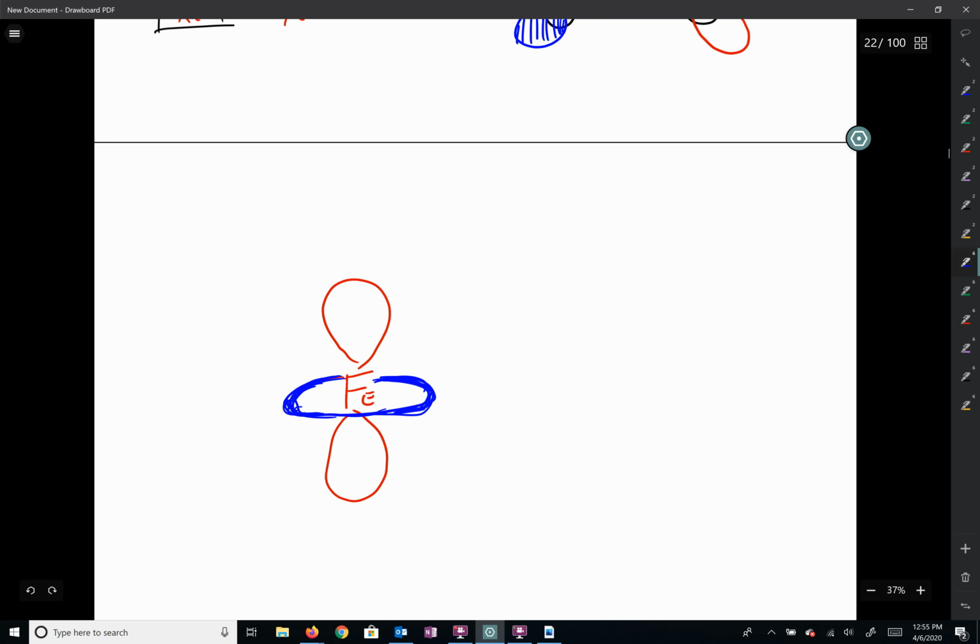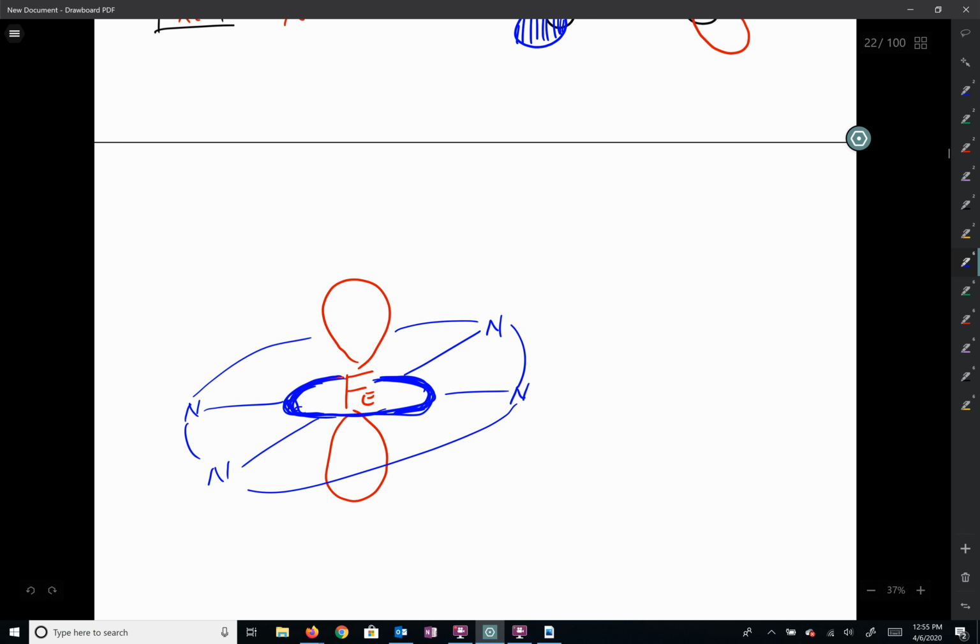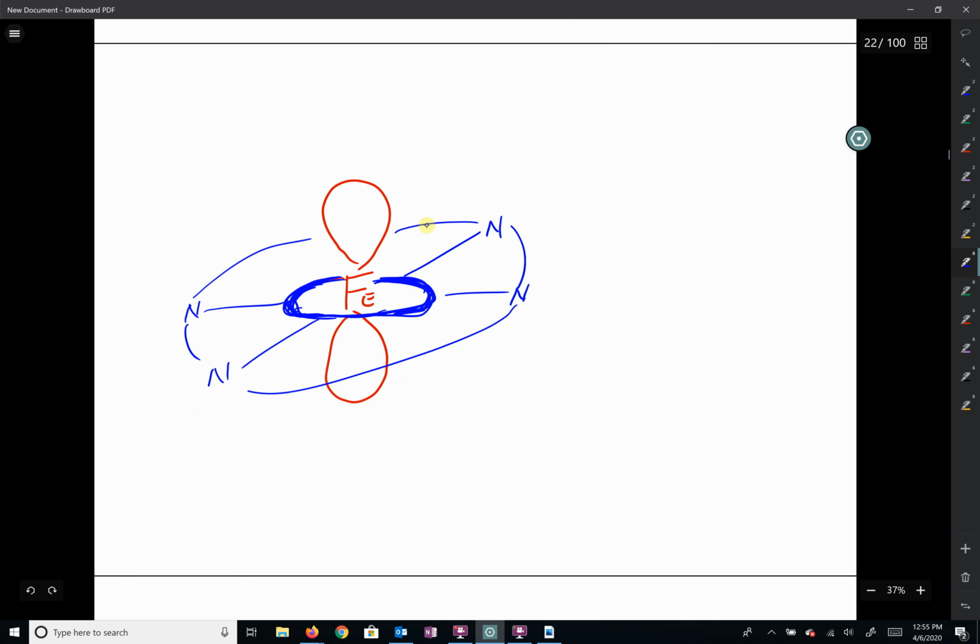Now, what's going on? Well, my dz squared orbital, remember, has its donut on the plane where my porphyrin is binding. So the porphyrin is in the plane of the donut. Down here at the bottom, here's where my other histidine is.